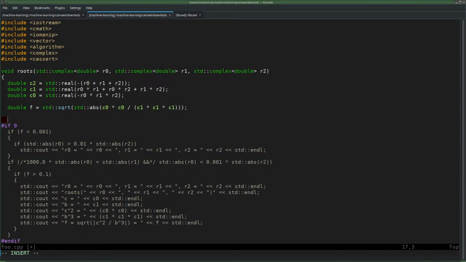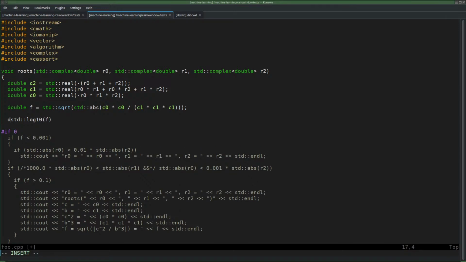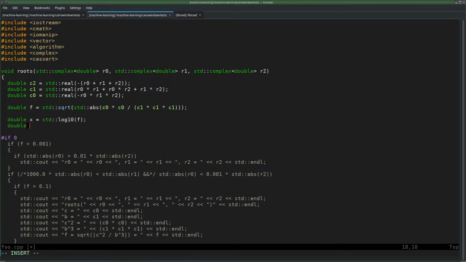So what I want to plot now is a point, let's say horizontally, we put the detection, so F. So I'm going to take the log 10 of F. Call it X. I'm going to plot that horizontally.